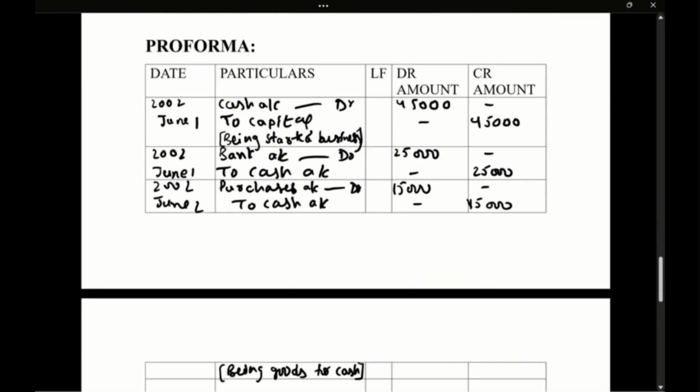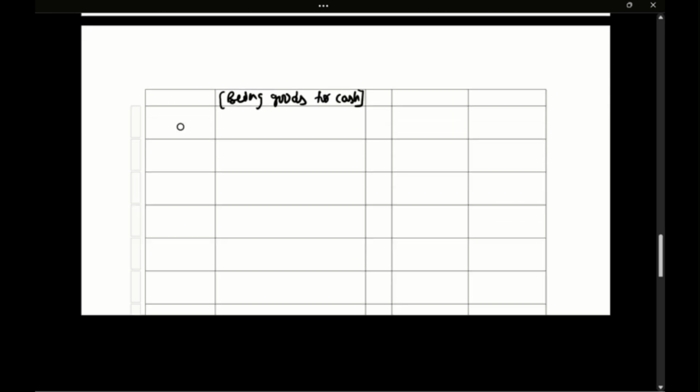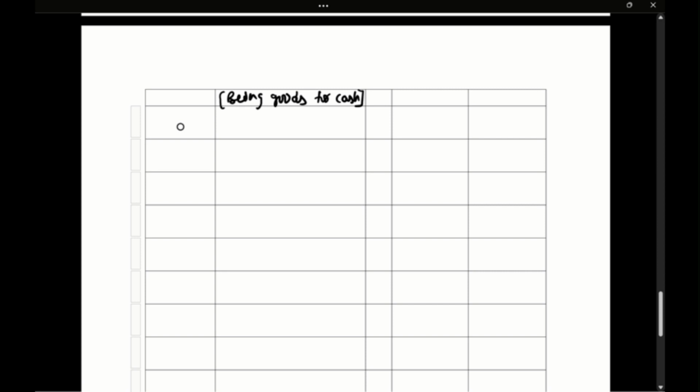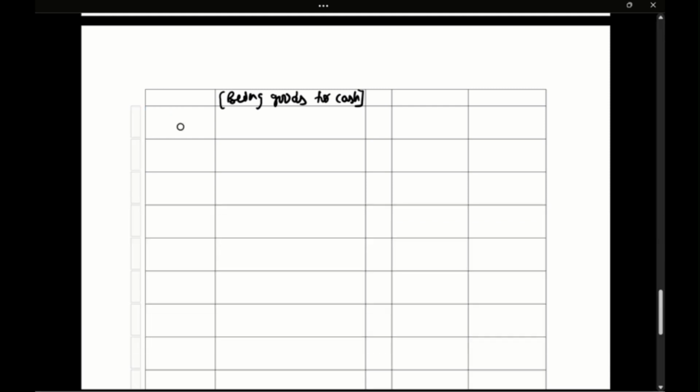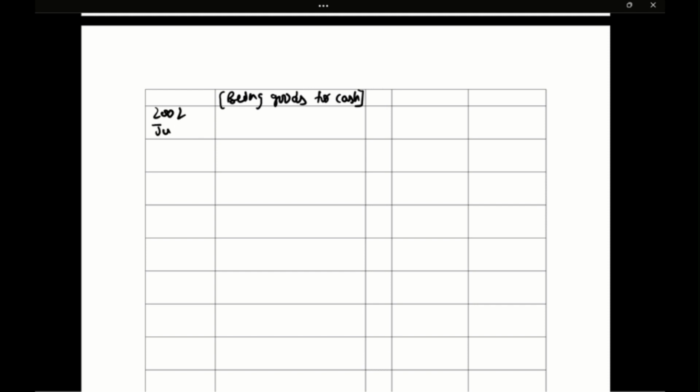So next entry we have purchase of furniture and payment by check. So the date is June 3rd, 2002. So the entry is furniture account debtor to bank account.